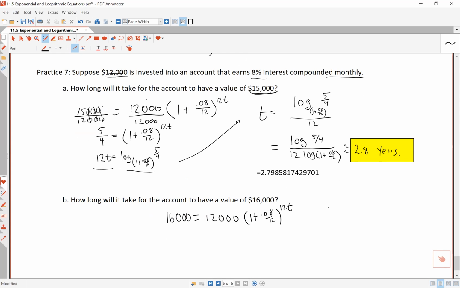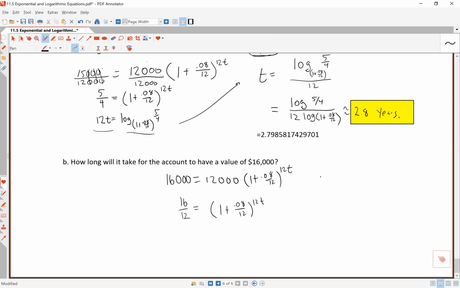Sorry, no, we're not doubling this time. So 12 to 16. So we've got 16 over 12 equals 1 plus 0.08 divided by 12 raised to the 12t. 16/12 is 4/3.